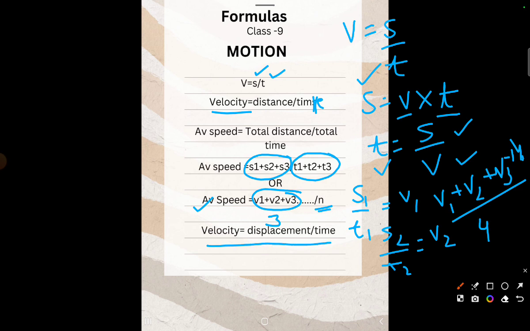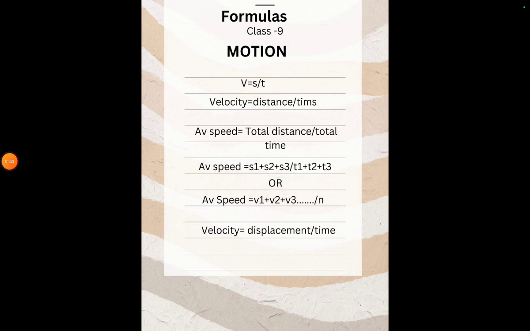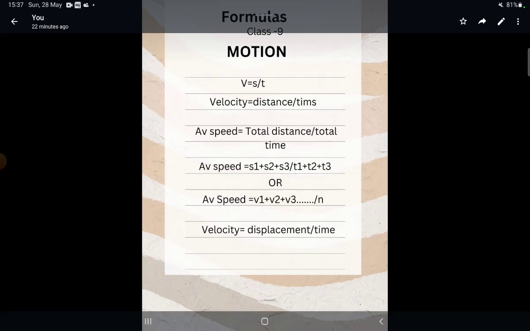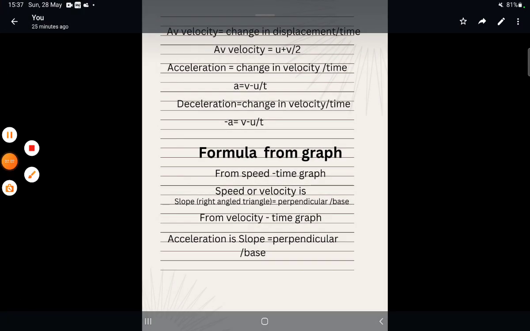Velocity is the speed with direction. It can be calculated by the formula displacement upon time. The next formula which we are going to see here is average velocity.